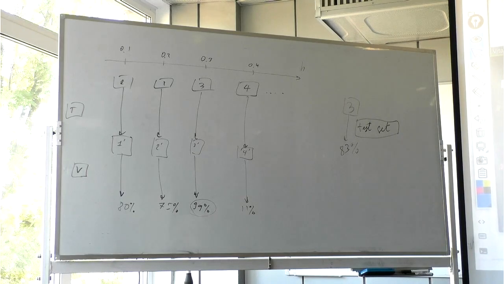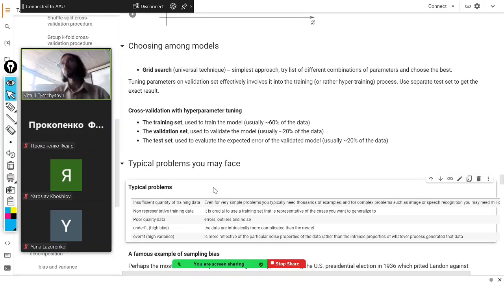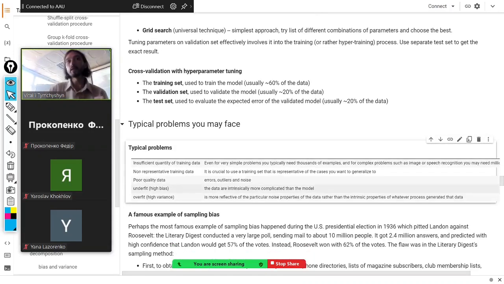Only that will give you a more or less trustworthy result that you can use later when characterizing your achievement, when you are saying my model is 99% good or 85% good or whatever. That should be based on some independent check.